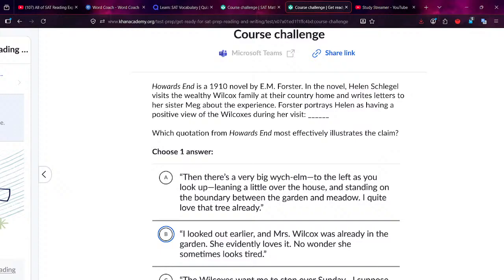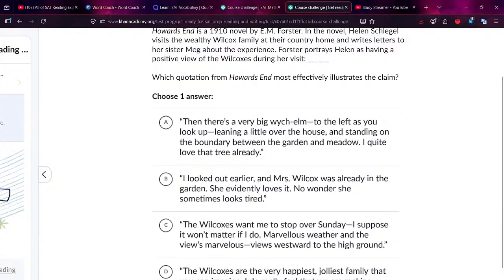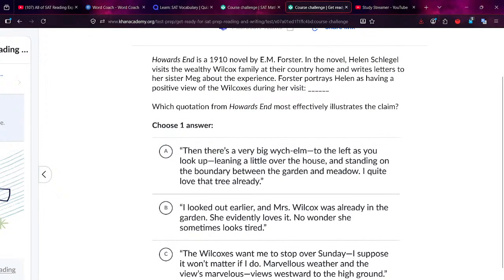In the novel, Helen visits the wealthy family at their country house and writes letters about the experience. Forster portrays Helen as having a positive view during a visit, which quotation effectively illustrates the claim? So what illustrates the claim?